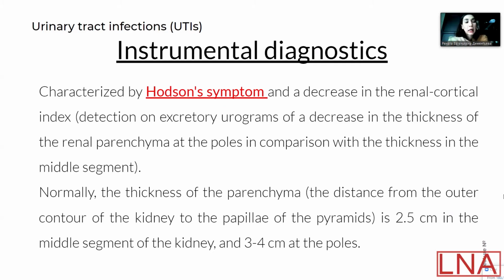Normally, the thickness of the parenchyma, the distance from the outer contour of the kidney to the papilla of the pyramids, is 2.5 centimeters in the middle segment of the kidney and 3 to 4 centimeters at the poles. So reducing this ratio, the renal cortical index, is also a sign of chronic inflammation, or Hodgson's symptom.